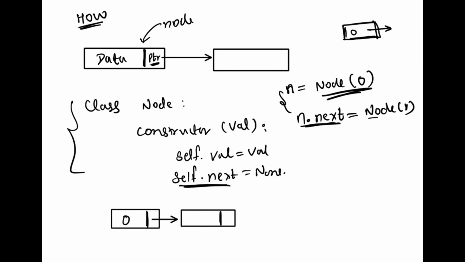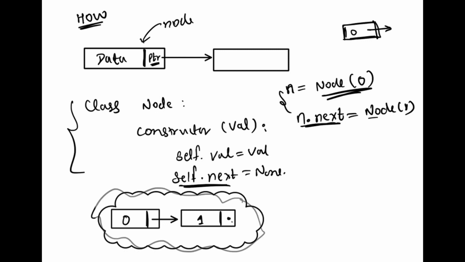It has a value of 1, and this node's pointer, by initialization of the constructor, is None. That is, it is not pointing to anything, so I'll just remove the arrow of the pointer. So by themselves, this is a small linked list of 2 elements.